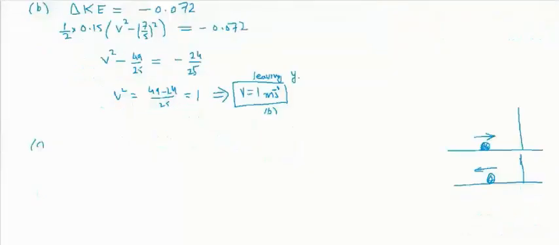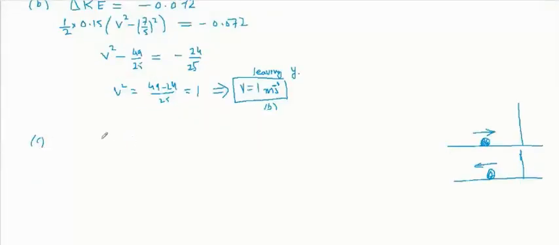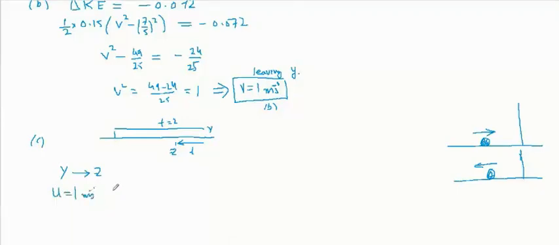So for C, it is basically going from X to Y and then Y to Z. So first stage is t is equal to 2. Second stage we have to find, and it's easy because from Y to Z, the initial speed we already got, it is 1 meters per second, and at Z the final speed will be 0.